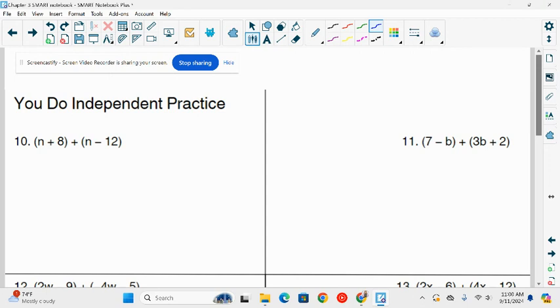Hey. So. Keep going. Look, what does your sheet say?